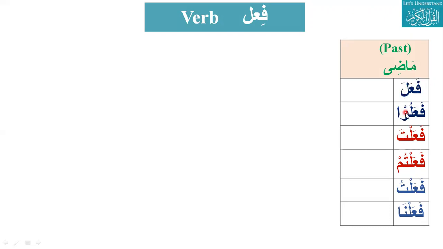Fa'ala he did, fa'alu, this is the plural of fa'ala, they did. Fa'ala and fa'alu are third person singular and third person plural. Fa'alta you did, fa'altum you all did, fa'altu I did, fa'alna we did.